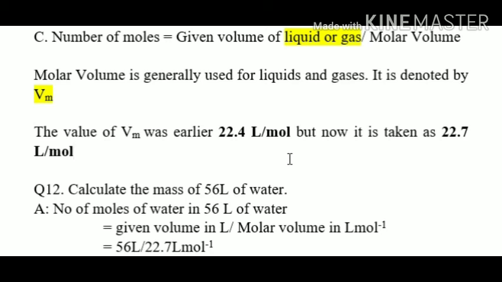Earlier the molar volume was 22.4 liter per mole, but now it is taken as 22.7 liter per mole. So the given volume is in liter, divided by liter per mole, liter cancels, I get mole. So for all liquids and all gases, this value is constant, 22.7 liter per mole.